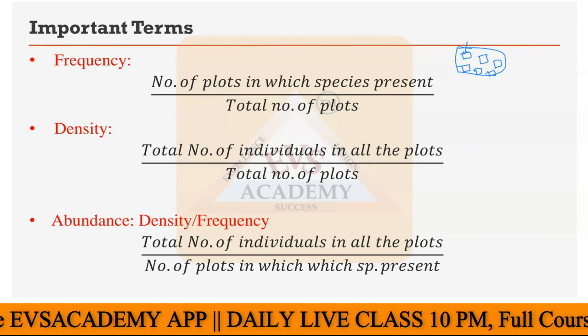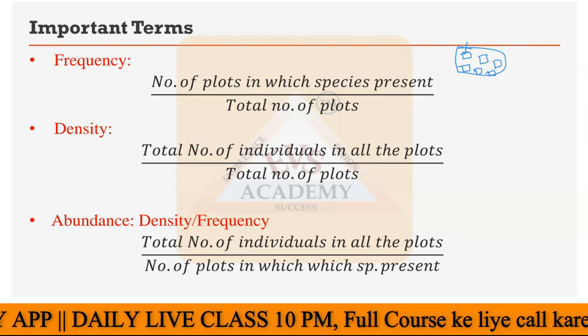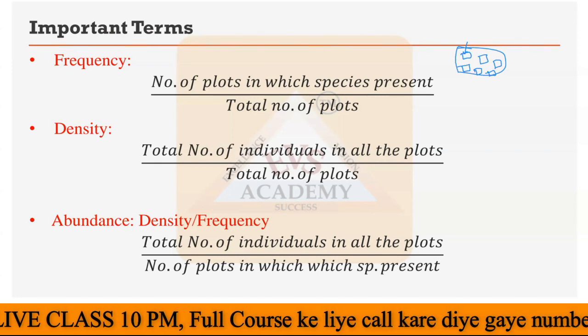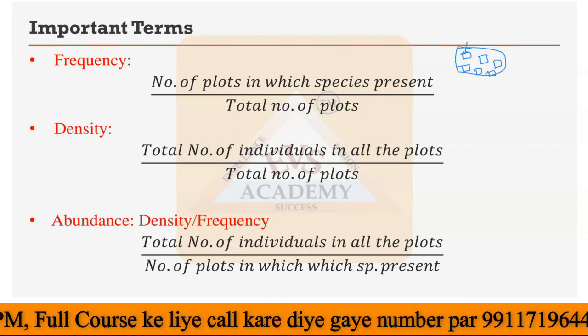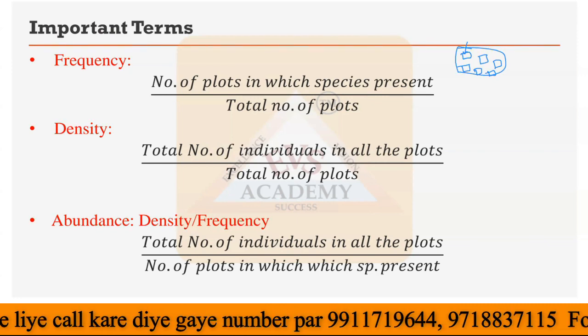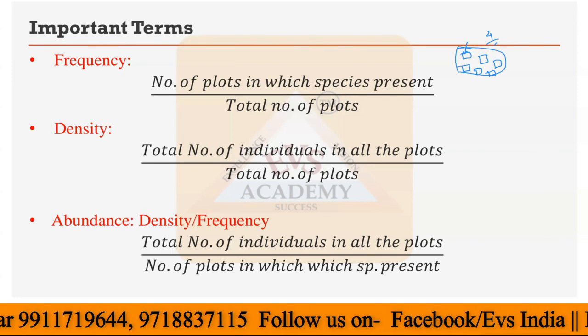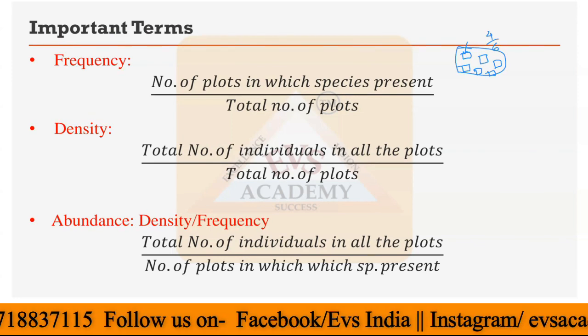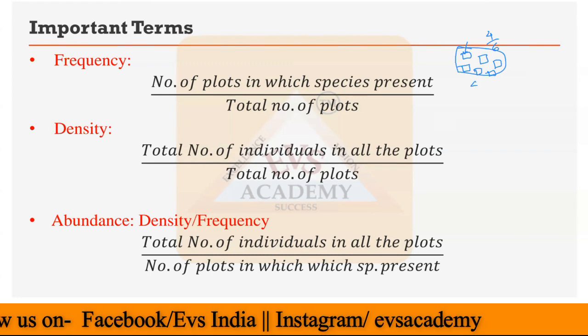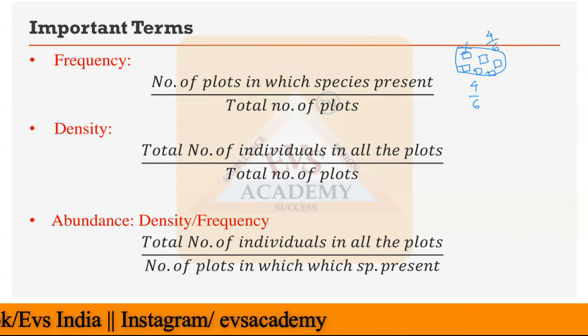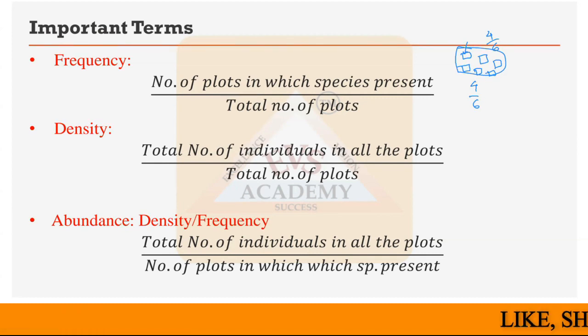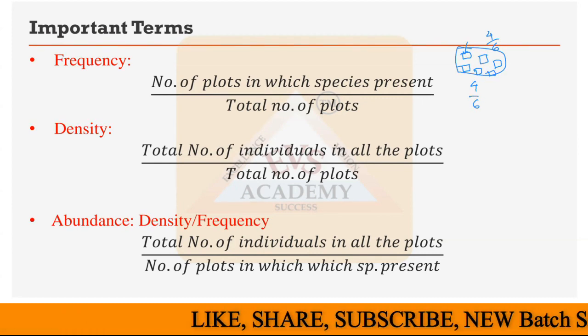Suppose a kind of plant which is a grass, and I want to see how frequent it is. Suppose I have seen that grass in four quadrants, or four plots, out of the six plots. So the frequency of that particular grass would be 4 divided by 6. The number of plots in which the species is found divided by the total number of plots. This is how frequency is calculated.